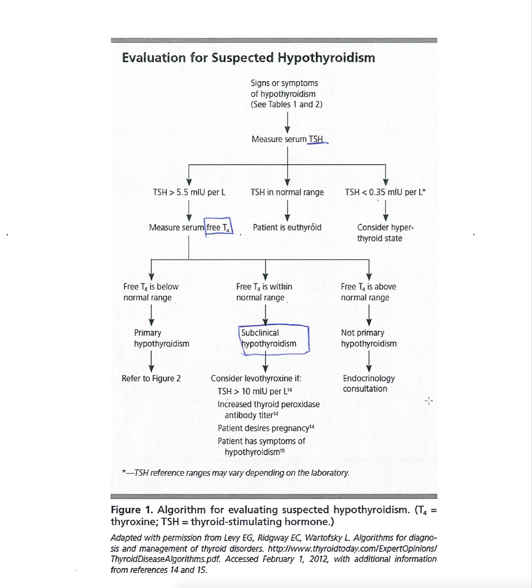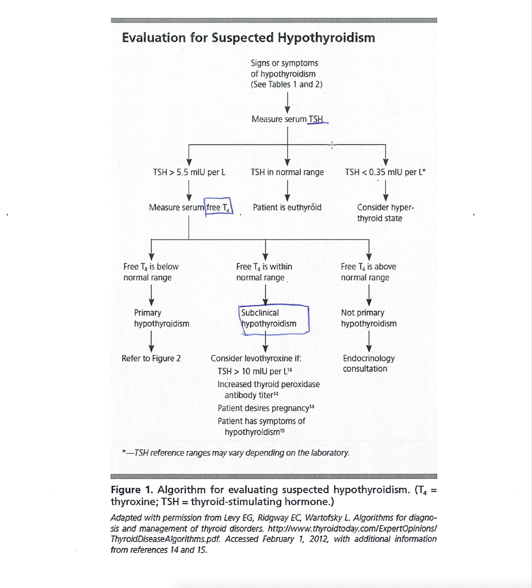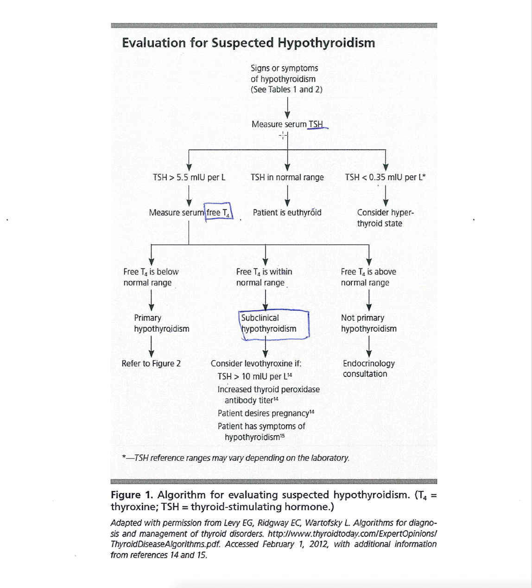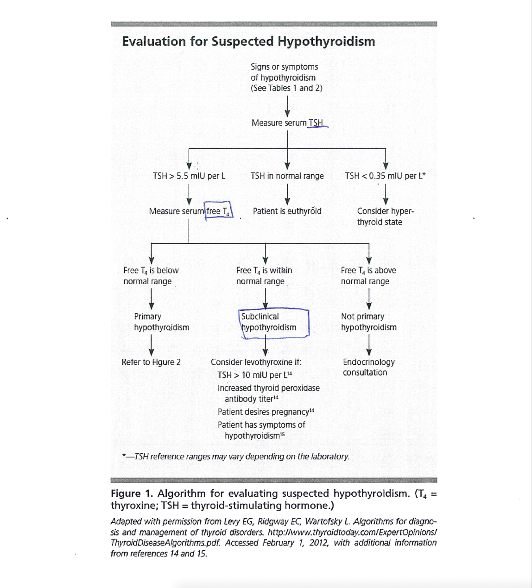All right, so moving to the evaluation of suspected hypothyroidism. The first thing we usually do, when patients present with signs or symptoms of hypothyroidism and you suspect that, is measure serum TSH. When serum TSH is high, that may indicate primary hypothyroidism.